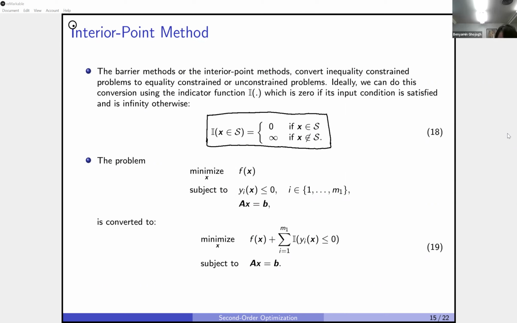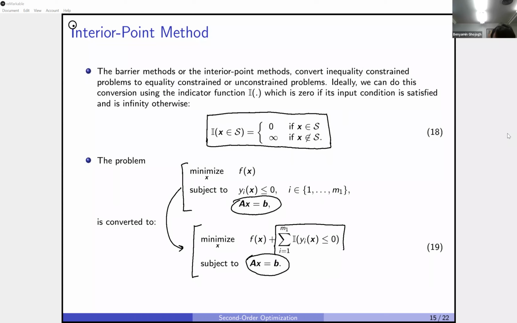So when you have this optimization problem, you can convert it to this. Let's not touch the equality constraints because we know how to handle equality constraints in Newton's method. We already talked about it several minutes ago. So our only problem here are the inequality constraints. Let's put them as a regularization term with the indicator function. And as it is an indicator function, these two are exactly equal because this is a hard penalty.